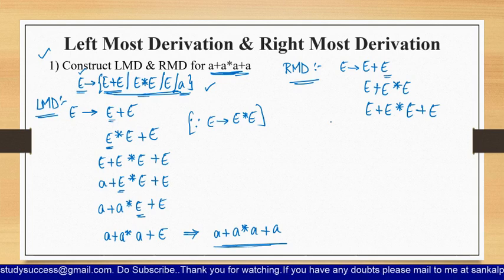So here in the production, we are also having E tends to small a. So how are we going to substitute? From the right side, because it is the rightmost derivation. So the rightmost E is substituted with small a.